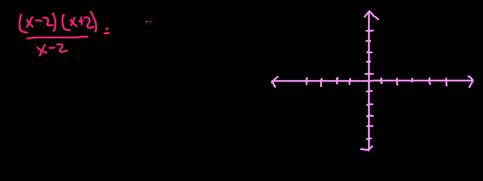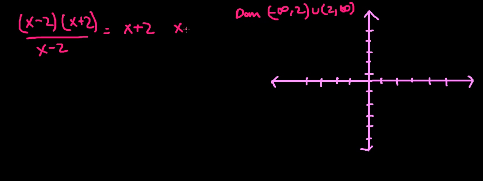The domain is everything except for 2. So negative infinity to 2, and then 2 to infinity. And we can rewrite this as x plus 2 if we want to, but we must say that x cannot equal 2.